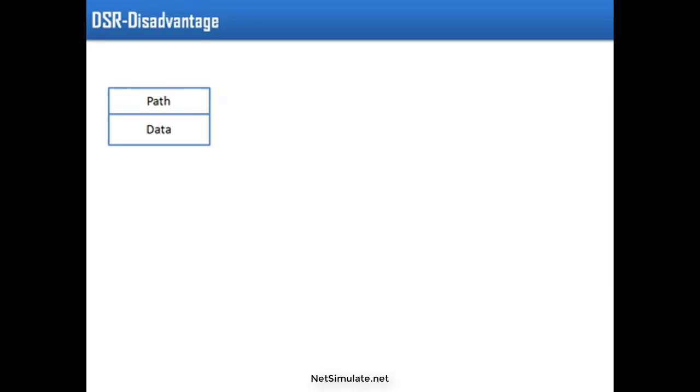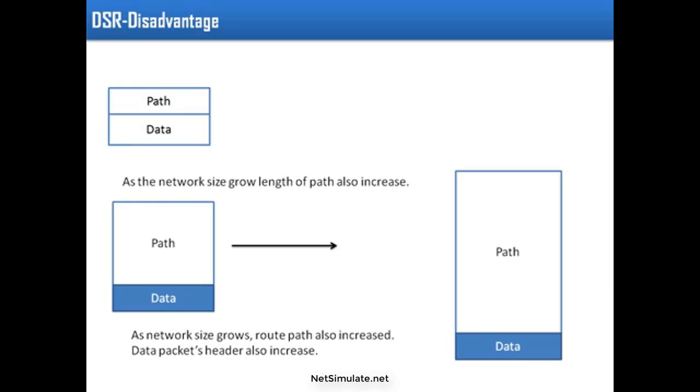If our network is not large, the path will be small. But if the network size grows, the bytes required to store the path in the data packet will also increase. Most of the network bandwidth will not be utilized fully, because most of it is used to send the path across the nodes. So this was the first disadvantage.